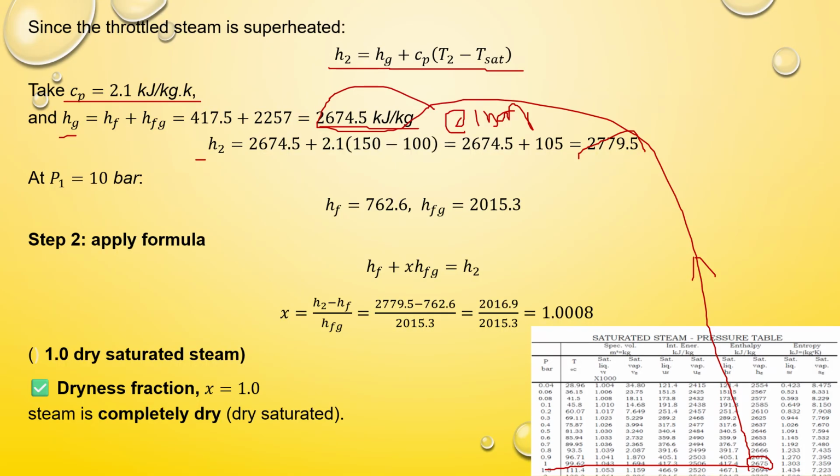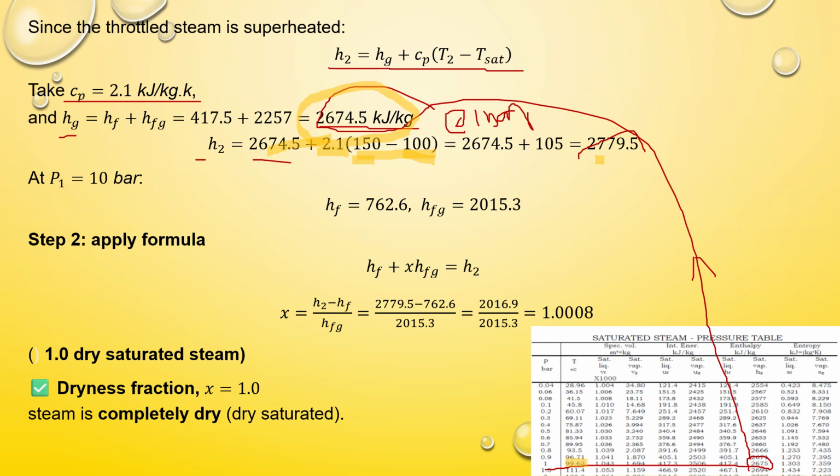H2, that is equals to Hg. So Hg value is available from here. This is the Hg value. Cp is 2.1. Saturation temperature and superheat temperatures. Superheat temperature is 150 given in the data, and corresponding to 1 bar, the saturation temperature is 100.